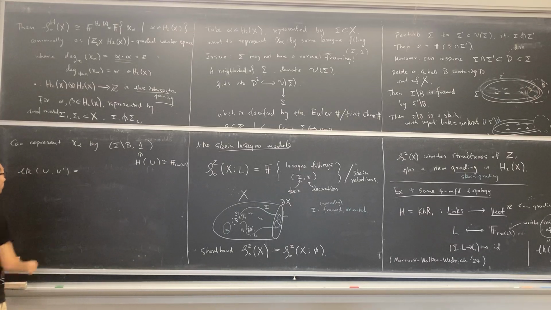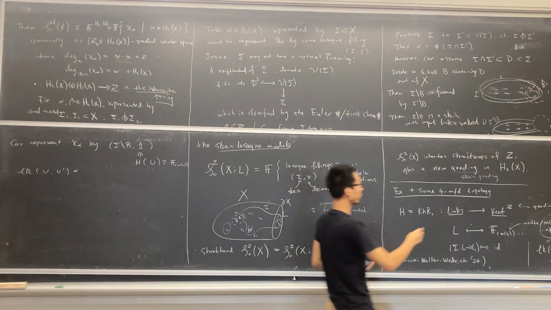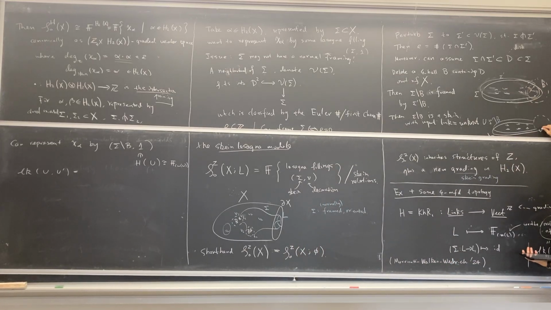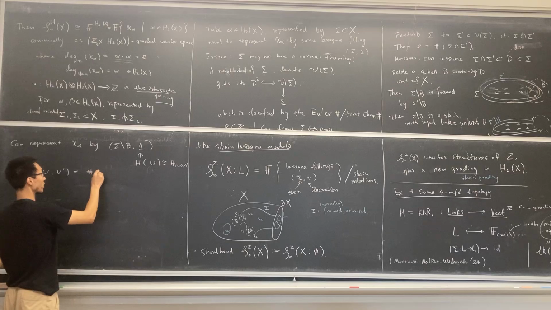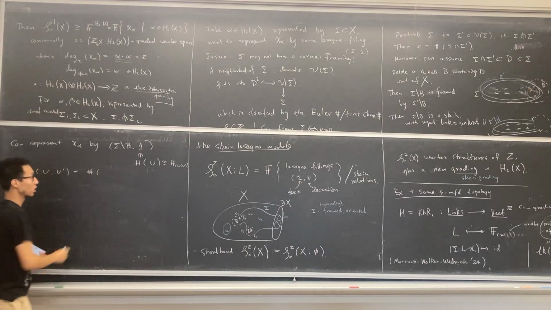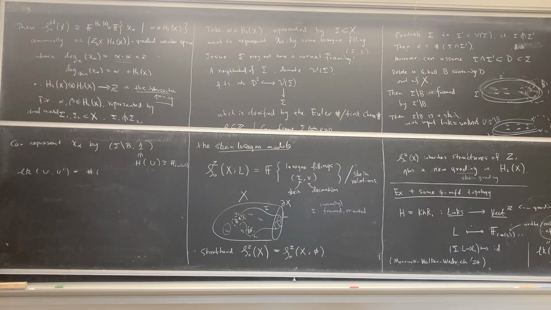The self-linking number between this unknot U and its pushed off copy U prime, you can actually calculate it by counting the intersection. One way to define the linking number between two knots inside S3 is you take a surface capping off the first link inside the four-ball, and you take another surface inside the four-ball capping off the second knot component, and you take the intersection number between those two surfaces.